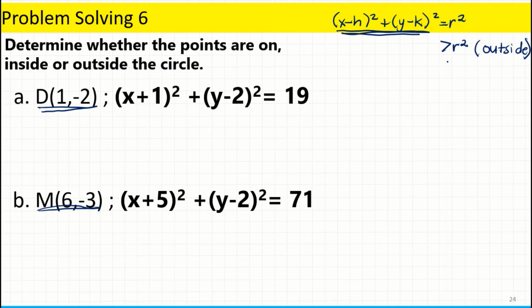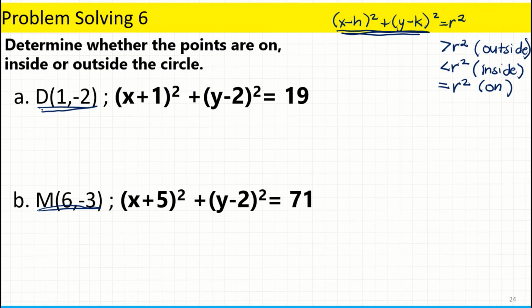If we have less than r² dito sa left side ng equation, therefore, yung given point natin ay nasa loob ng circle, or inside the circle. And last, if the left side ay parehas lang doon sa r², or both sides are equal, therefore, the point is on the circle. Sabihin, part ng circle yung given point natin.